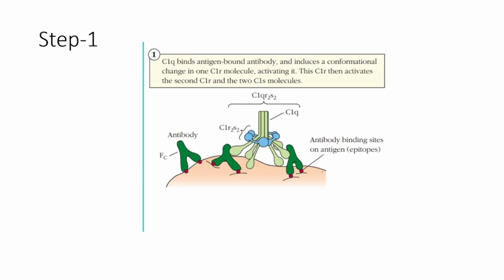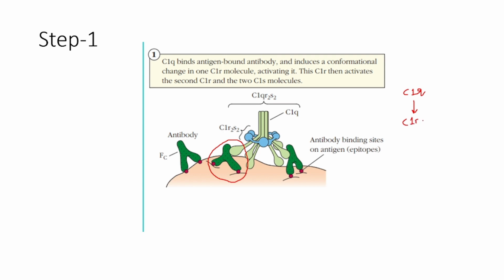So the first step is when the antigen antibody complex binds to the C1Q. So here, as you can see in the figure, this antigen antibody complex has been bound to the C1Q subunit of the C1 complex. So what happens when antigen antibody complex binds to the C1Q? It becomes activated, which in turn activates the subunit C1R.